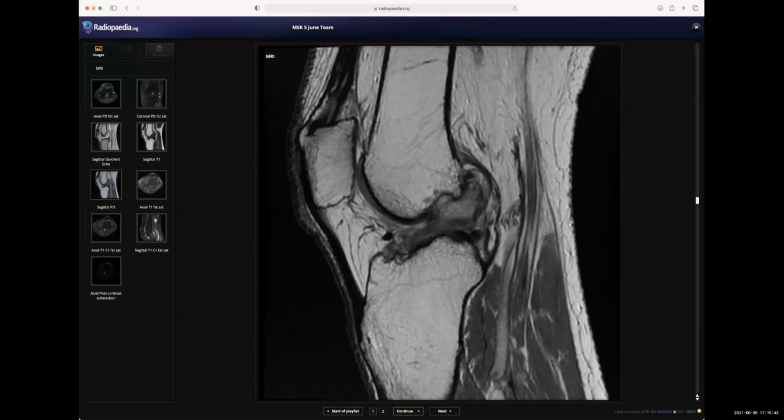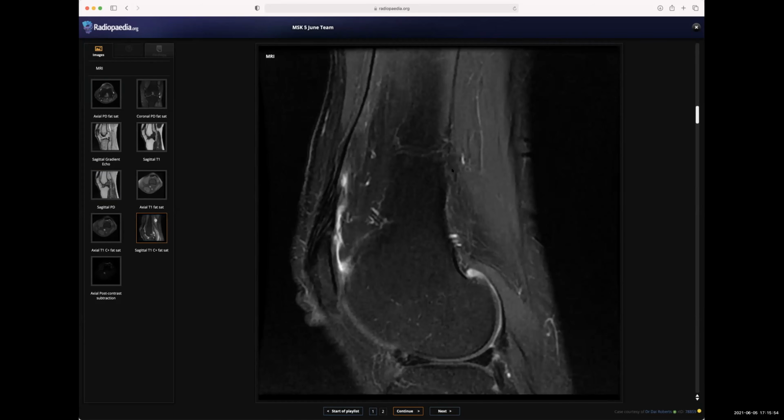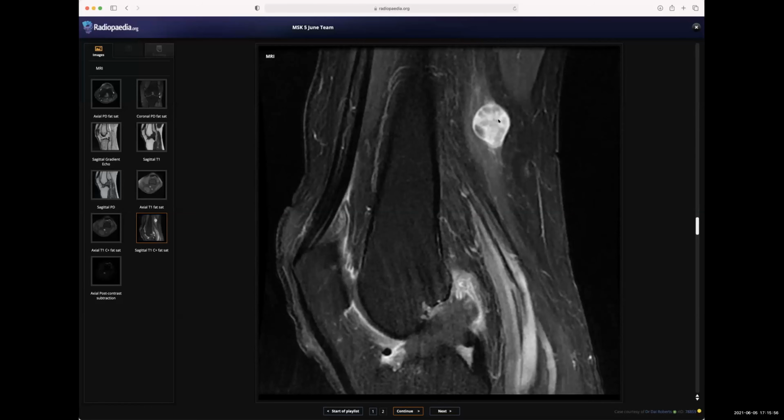Oops. I probably lost connection, sorry. Yeah, no problem. Okay. I was going coronal to see if fat suppressed. You don't have any differential for this lesion here. I can hear you.